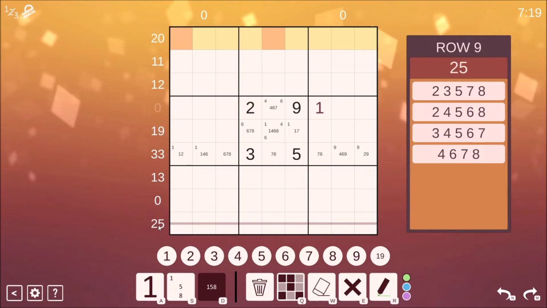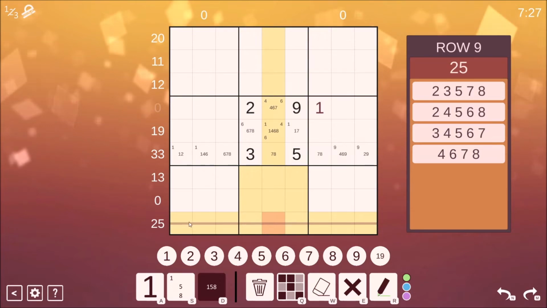However, with this 25, we need to have at least 4 numbers. So if we tried placing 1 there, we could not place a 1 or a 9 anywhere to be able to fill in 4 numbers. So we can put a little X there to say that no 1s or 9s can go there, which is useful to take note of.